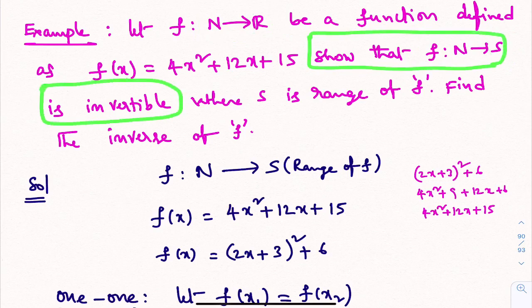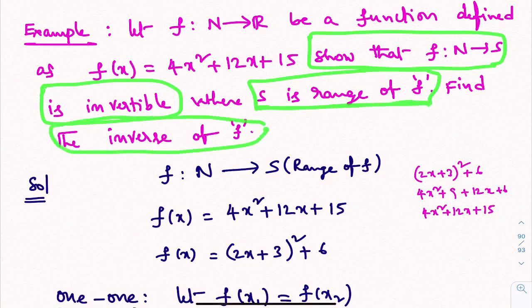We need to show that f from N to S is invertible. What is S they mention? Where S is range of the function. They have given S is range of the function. Find the inverse of f. Do not confuse. In the beginning, even though they give like that, we need to show that this is invertible and we need to find inverse of f.